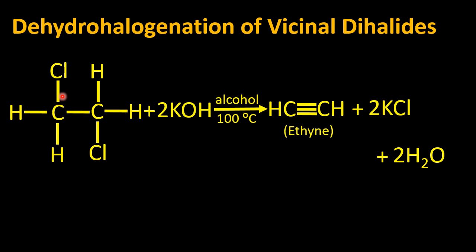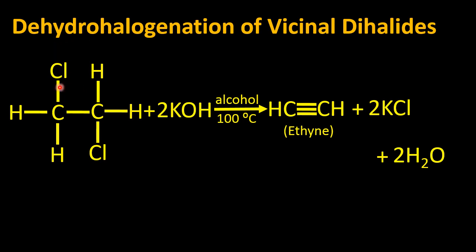For that, we are treating it with potassium hydroxide in the presence of alcohol at 100 degrees. We know that potassium is a cation and hydroxyl is an anion. Potassium will form a bond with chlorine, as chlorine is negatively charged, and positive and negative attract each other.